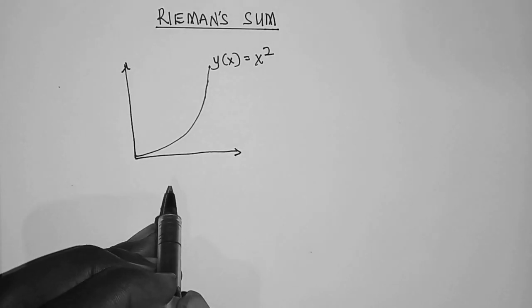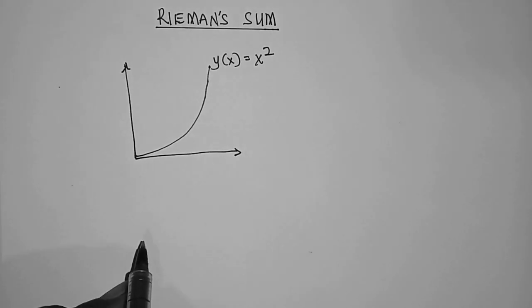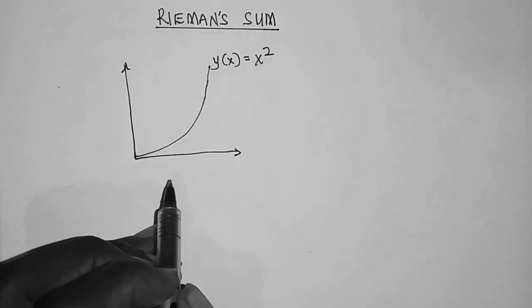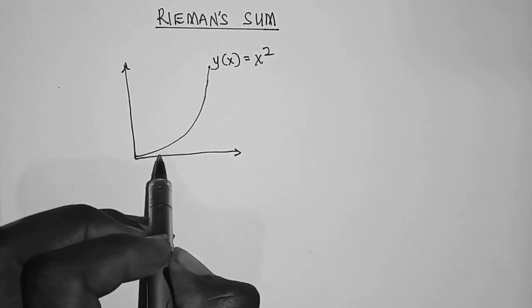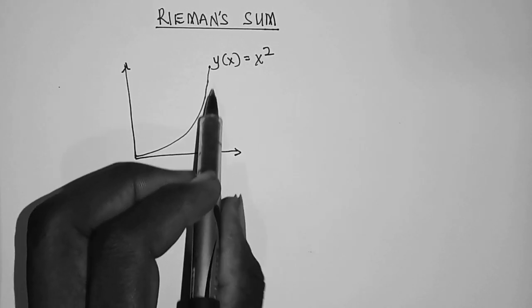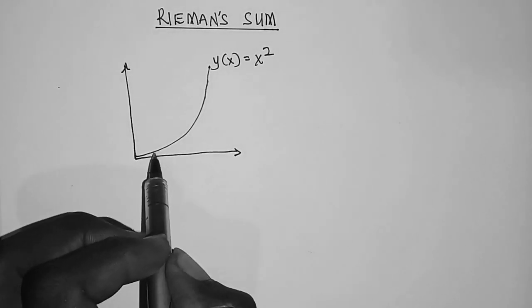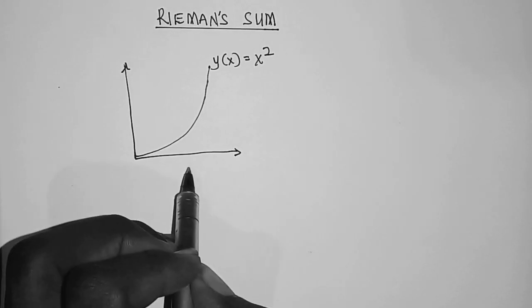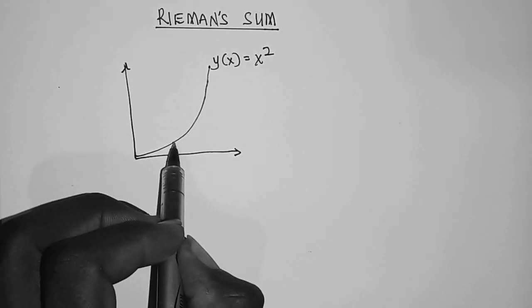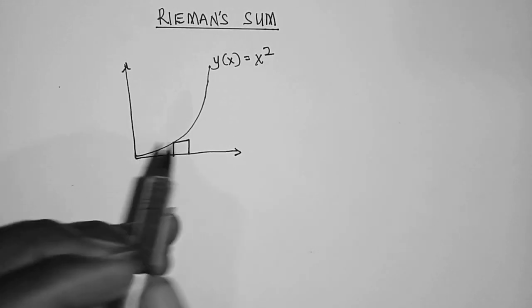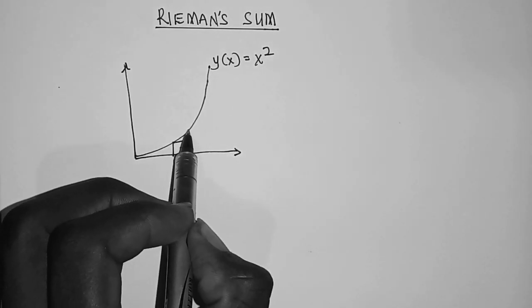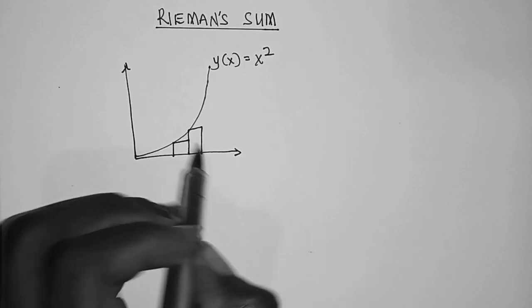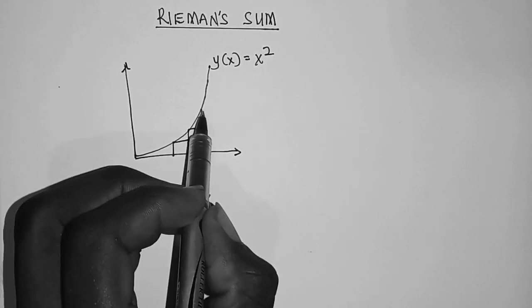We have the left endpoint and then the right endpoint. So let's first use the left endpoint. What we will do is break this integral into small rectangular pieces. So let's assume this is one of the pieces, and this is the second piece, and this is the third piece.